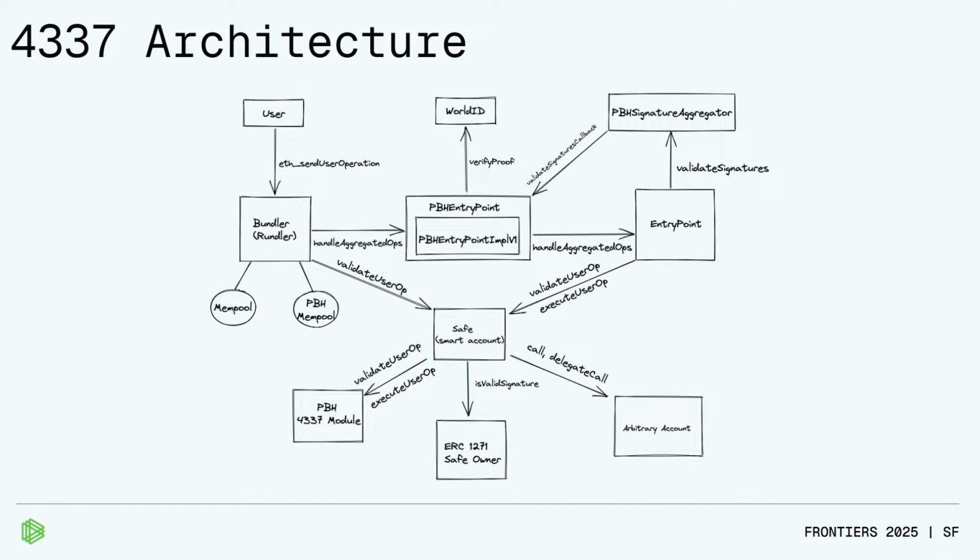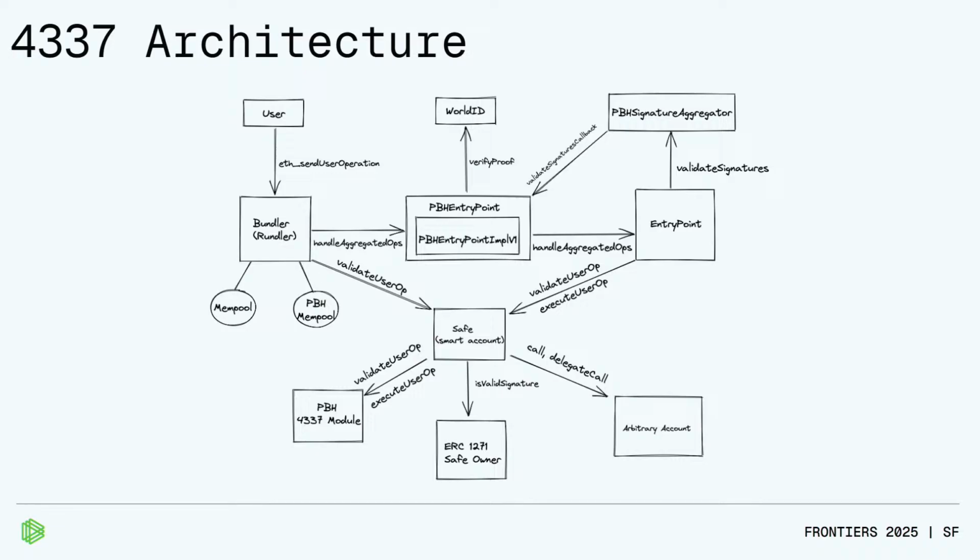The one other niche thing here is the entry point will call out to the PBH signature aggregator to validate the signatures, at which point it will call back into the PBH entry point and verify that the hashed ops that it sees are the same as the hashed ops that the PBH entry point saw.